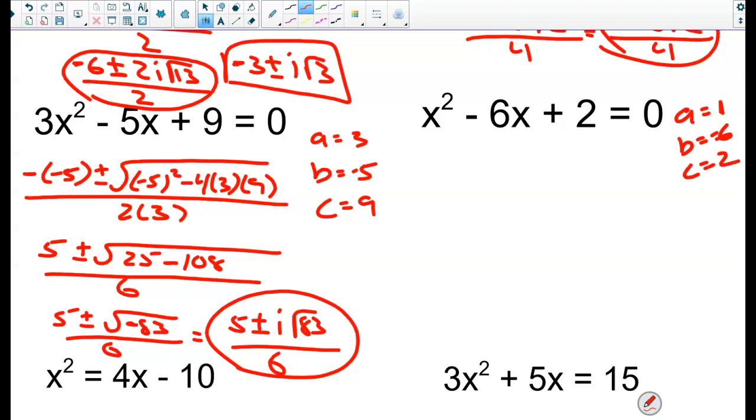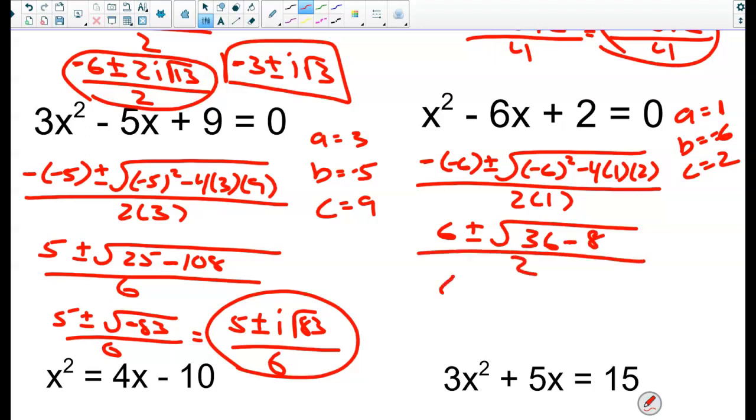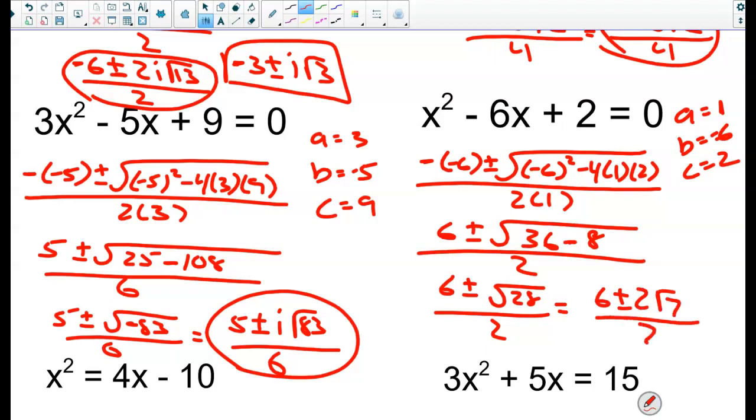When I'm done with this one, negative, negative 6 plus or minus the square root of negative 6 squared minus 4 times 1 times 2, all over 2 times 1. 6 plus or minus the square root of 36 minus 8 over 2. 6 plus or minus root 28 over 2, and that simplifies to 6 plus or minus 2 root 7 over 2. And that one could be written as 3 plus or minus root 7 as well.